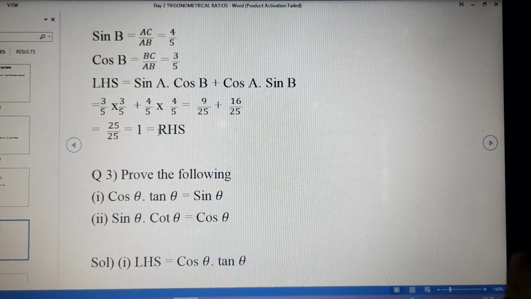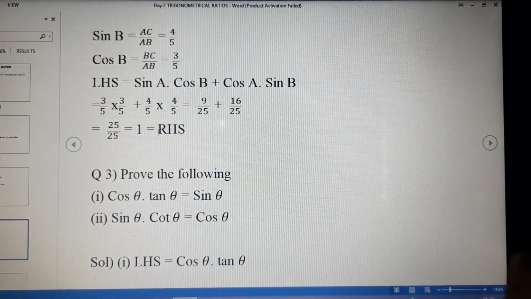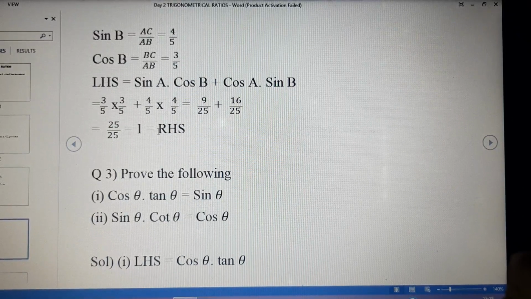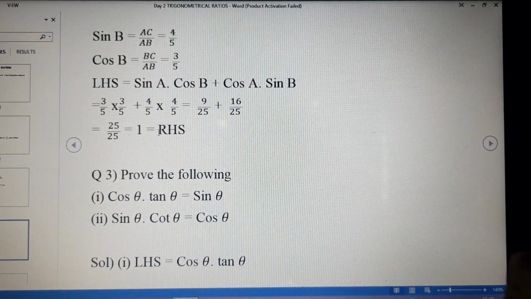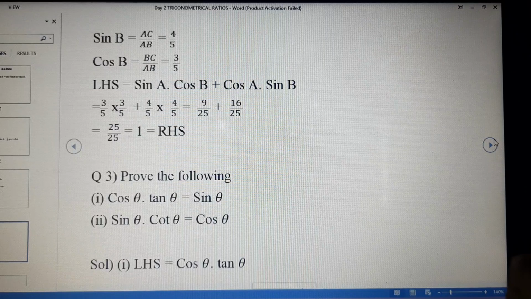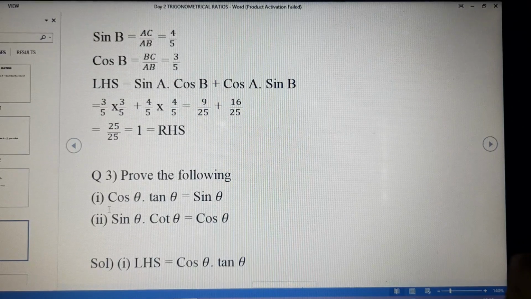Are you getting it? Reciprocal relations are cosec theta is equal to 1 upon sin theta, all these, clear, and quotient relations are tan theta is equal to sin theta upon cos theta, and cot theta is equal to cos theta upon sin theta, clear. So we have to prove all these things. We'll start with the first question. When we have to prove, we take only the LHS.